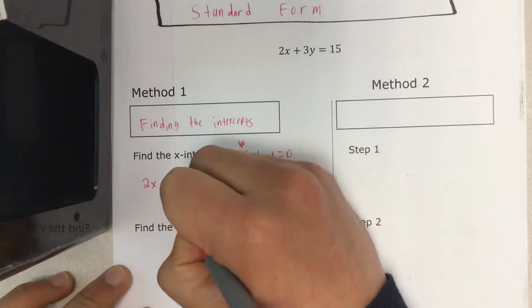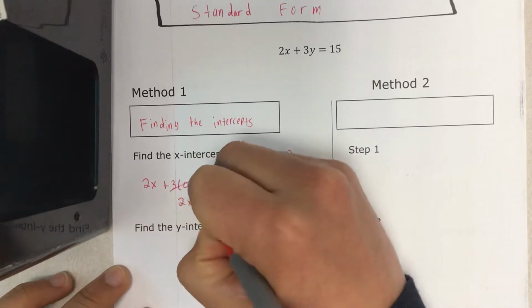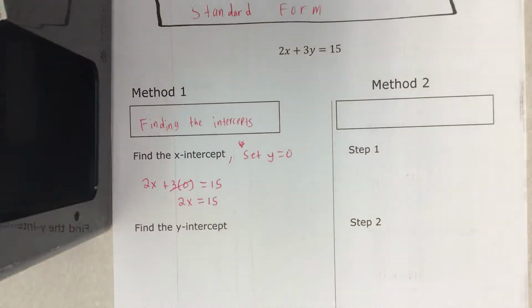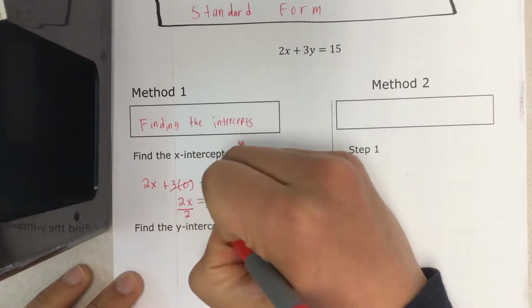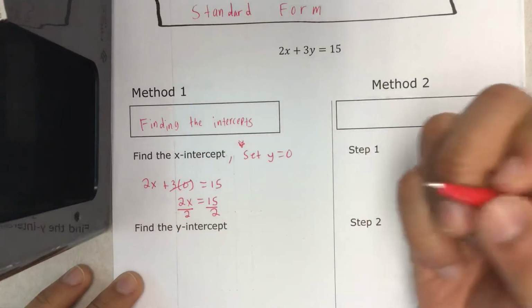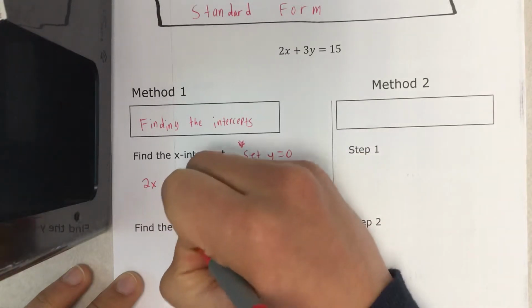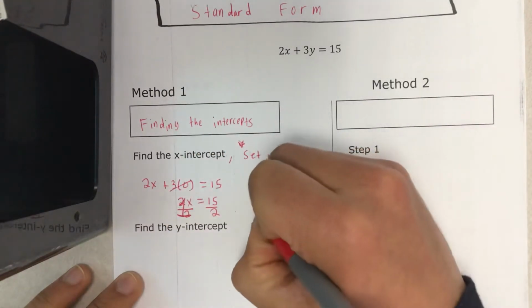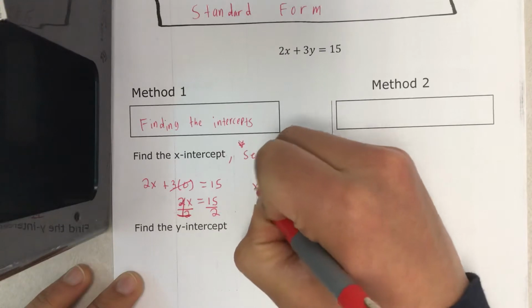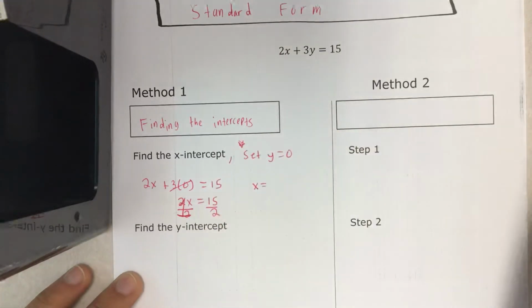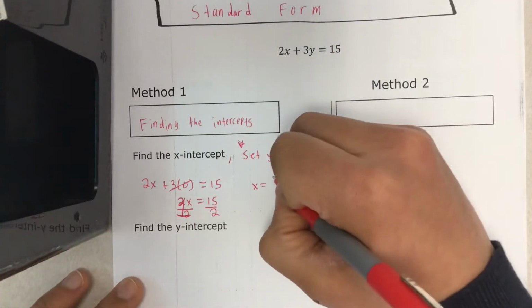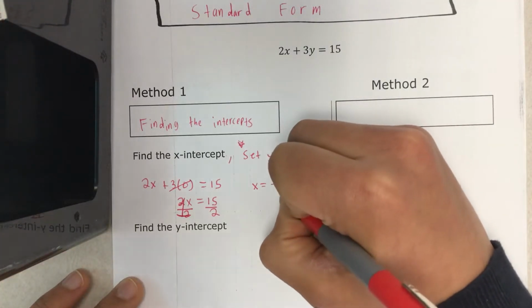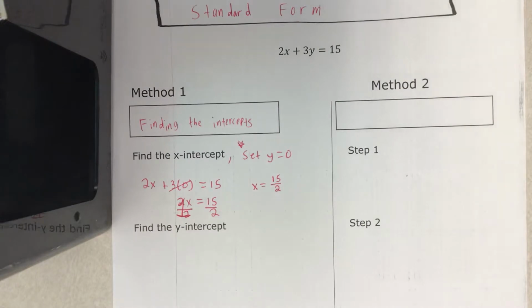So I'm left with 2x equals 15, okay? Then to solve for x, right, we use our algebra skills. We divide by 2 on the left, divide by 2 on the right, okay? On the left side, I get a value of 1, so I have 1x equals 15 over 2. Now, I'm just going to leave that as a fraction for now because I can't really reduce that fraction. So I have 15 over 2, okay?